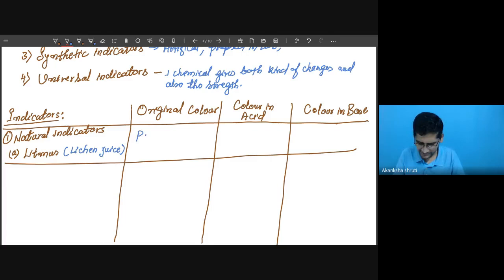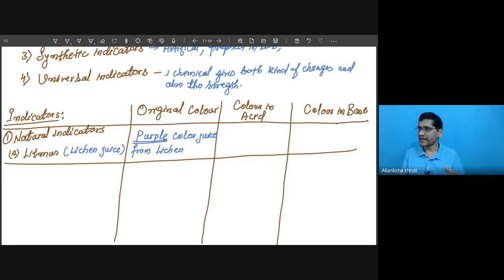So right here, purple color juice from lichen. Underline only this purple. If you add a few drops of acid in this purple color, its color will change irrespective of the type of acid.